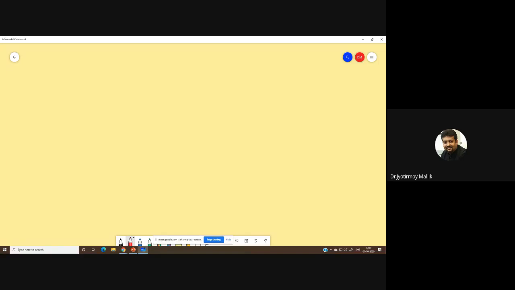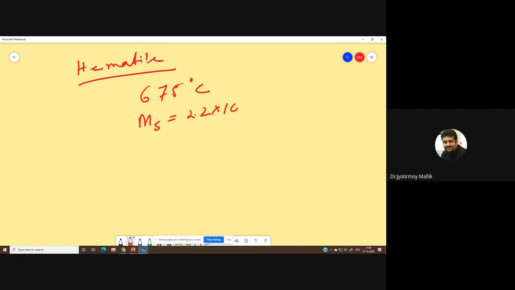So the Curie temperature for hematite is 675 degrees centigrade, and the MS for hematite is 2.2 into 10 to the power 5. So you can see 675 degrees centigrade.